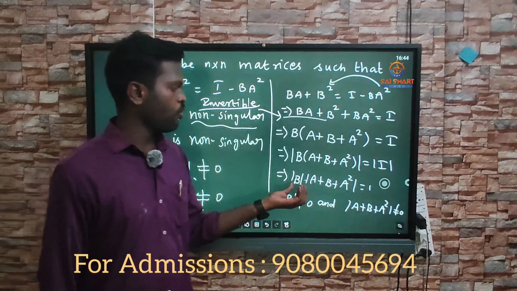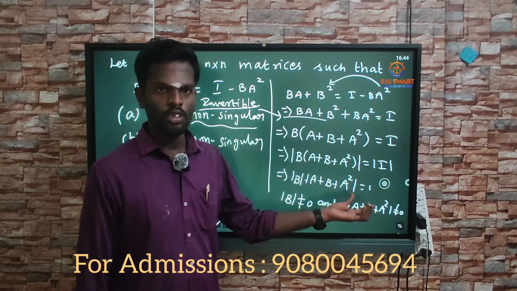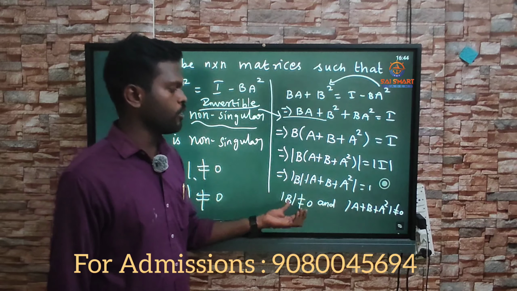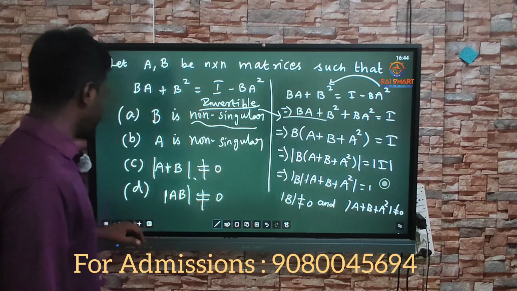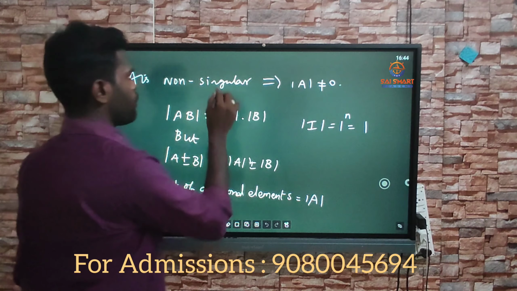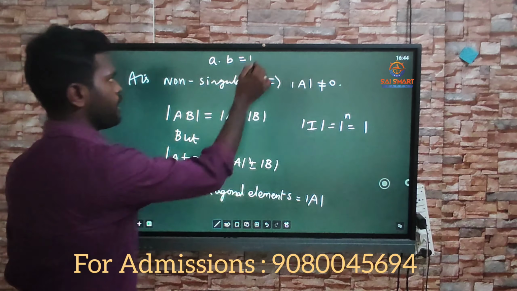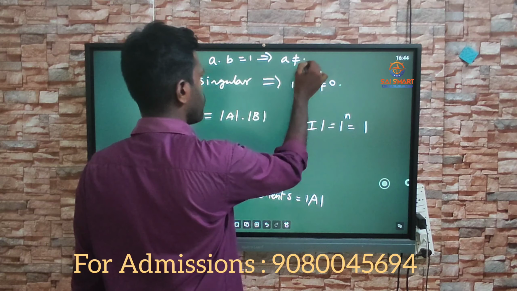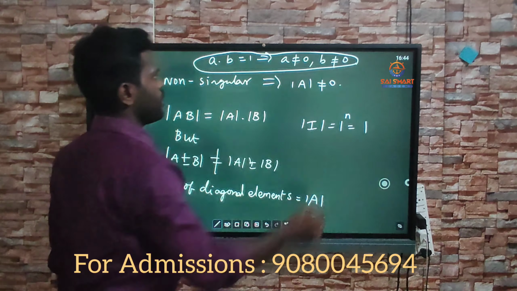If either one of the numbers were 0, then the product would be 0. So determinant of B must be non-zero and the determinant of A plus B plus A squared will be non-zero. If the numbers a into b equal 1, this automatically implies that a must be non-zero and b must be non-zero. This is the elementary number theory fact.